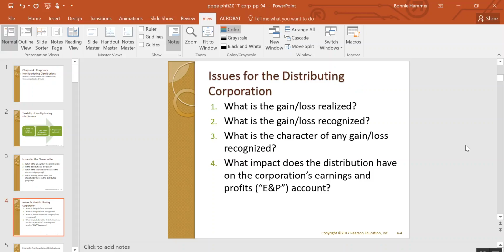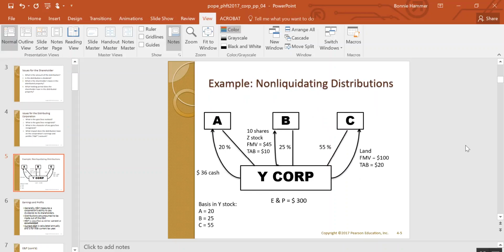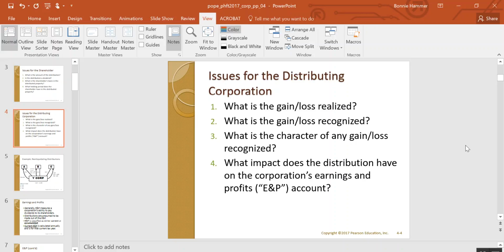And then we also have issues for the distributing corporation. What's the gain or loss realized upon distribution? What portion of that realized gain or loss is recognized? If the corporation is just distributing cash, then we know that there's no realized or recognized gain or loss, because the fair market value of the cash equals the basis of the cash.